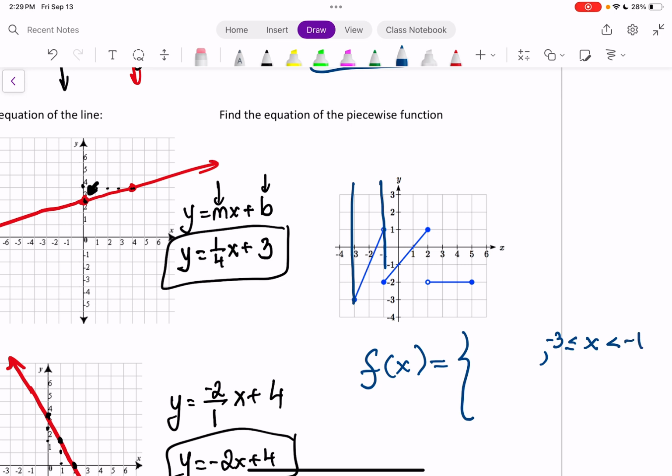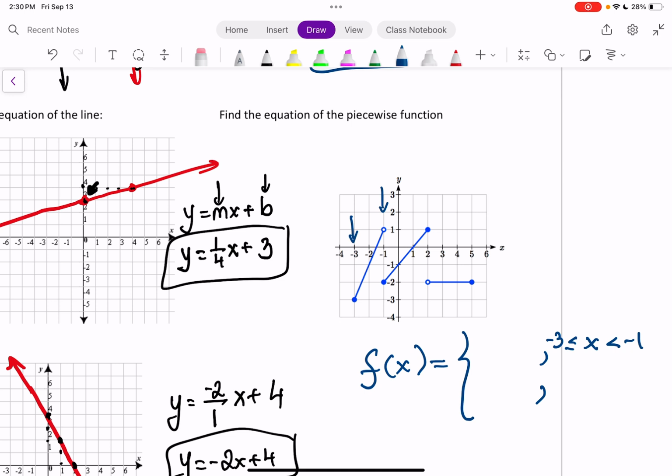So for the first piece, I'm going to delete this again. As you see, the first definition goes between an x of -3, which is included because it's bubbled in, and an x of -1, which is not included because it's open. And we'll read that definition.